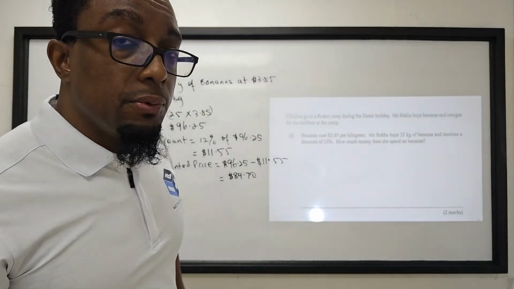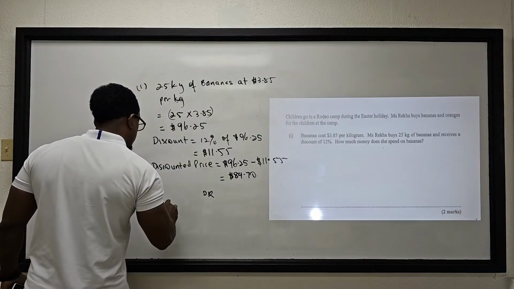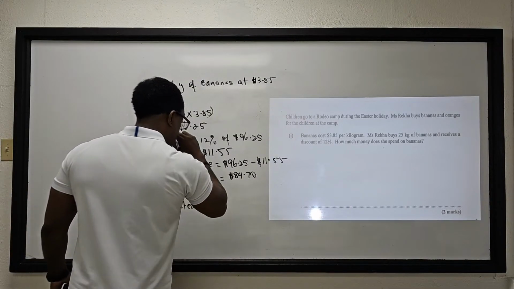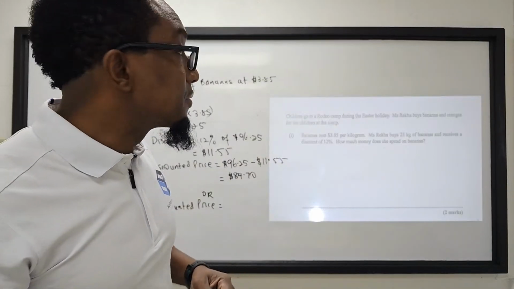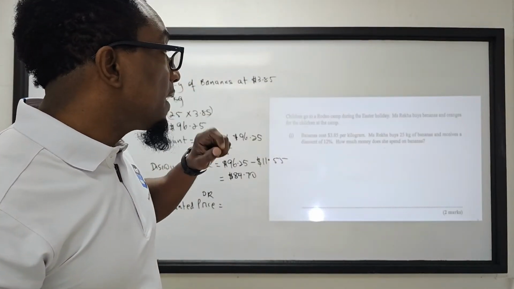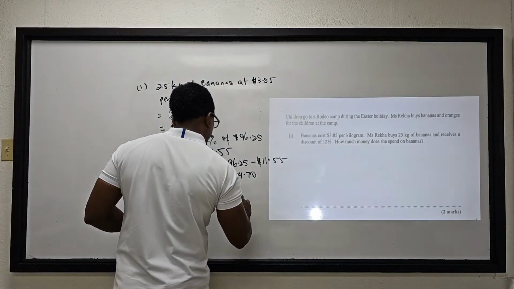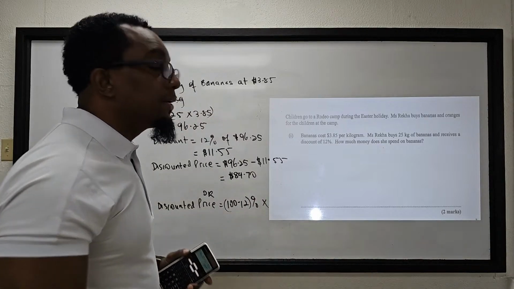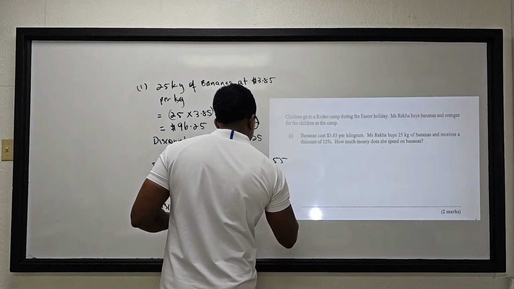Or the other approach we can use to get a discounted price, we can say, remember discount is a percentage decrease. So we can subtract 12 from 100 and we're going to multiply that by the total cost of the bananas.